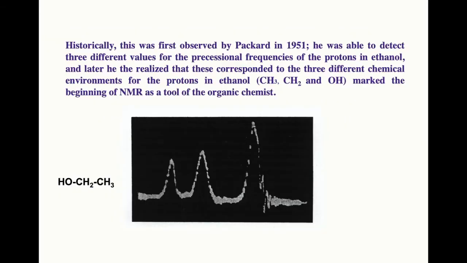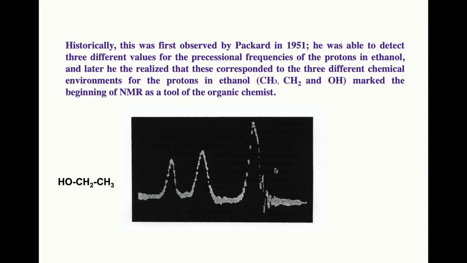Let us look at a few more details on this particular chemical shift. This was initially observed by Packard in 1951 with regard to the ethanol molecule. What he noticed is that when he tried to record the NMR spectrum of the ethanol molecule, he saw 3 different peaks in the spectrum.